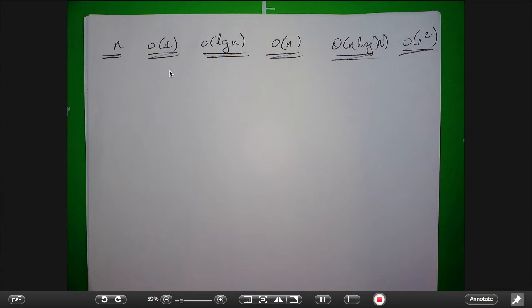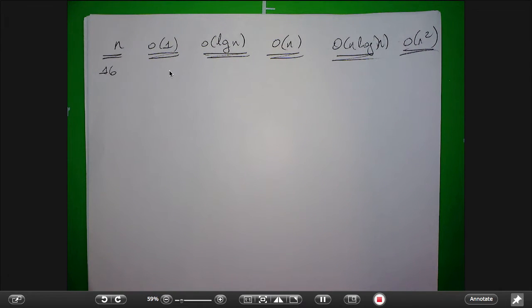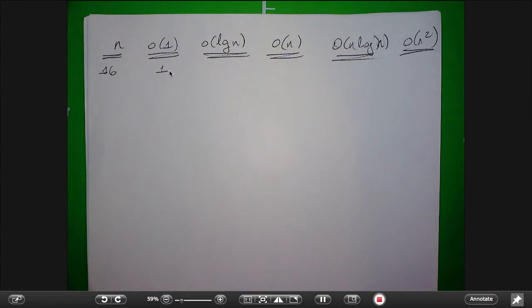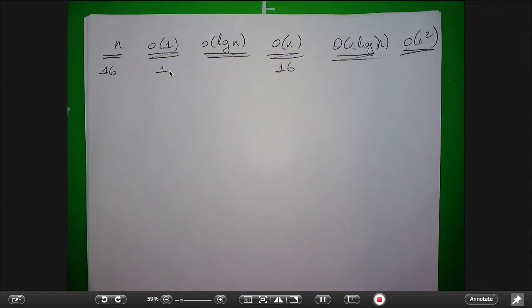So let's not say 10 things anymore, let's say 16 things. It will become obvious why in a second. Order of 1 means that it's always 1 or 3 or some number. Order of n means it's roughly 16. It could be 16 times 2 or 16 times 3, but I don't care so much about those 2 or 3 times because it's not a magnitude more or less.